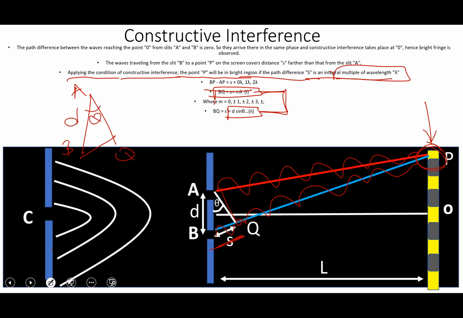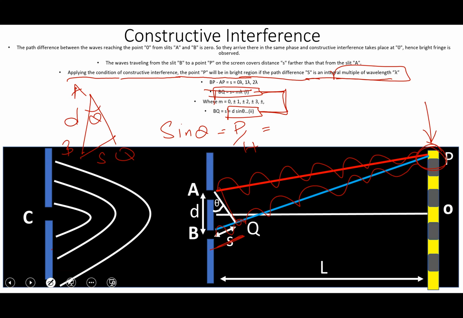This is D, the distance between point A and B, and this is S. As we know from trigonometry, sine theta is equal to perpendicular over hypotenuse, or adjacent over hypotenuse.